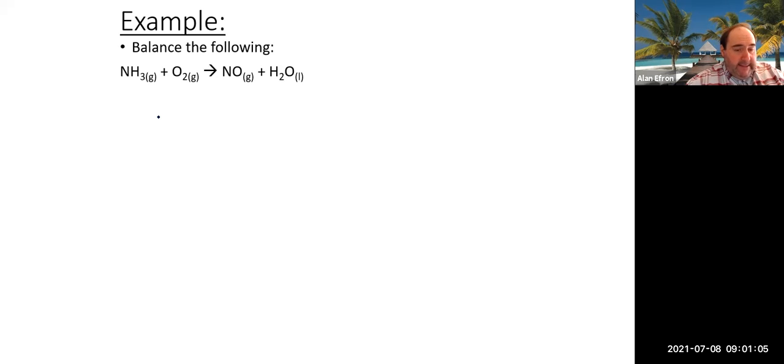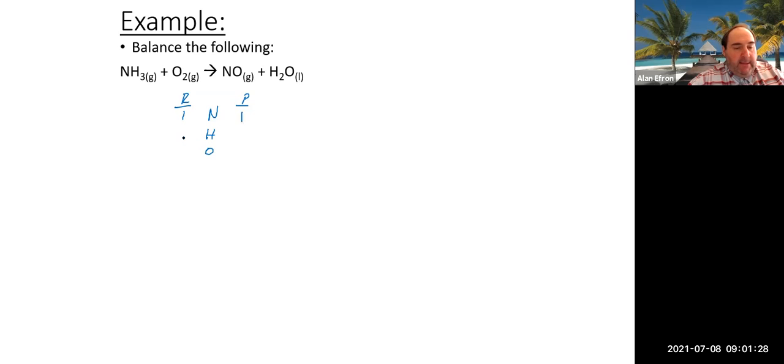Okay, let's take a look at this one. So we'll go with our same approach here. Looks like we've got nitrogen, hydrogen, and oxygens. Reactant and product. All right, on the left-hand side there, it looks like 1 nitrogen. Right-hand side looks like 1 nitrogen.